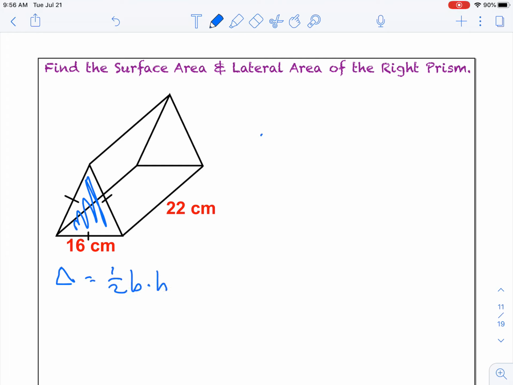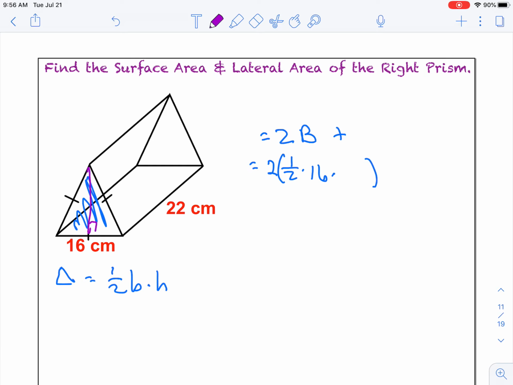Again, for my surface area, I'm going to take 2 times capital B. I do know the base, so it's going to be 2 times 1/2 times my base of 16. Now I need to find the height of that triangle, this height right here.